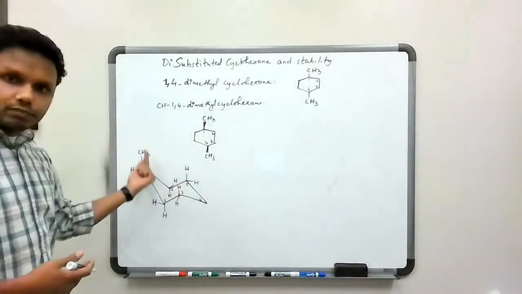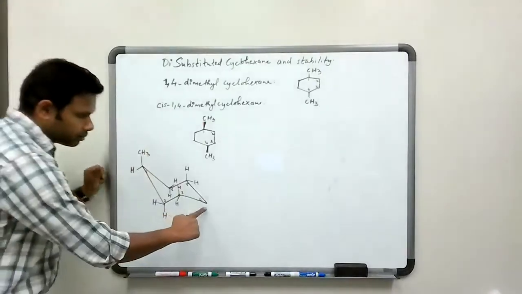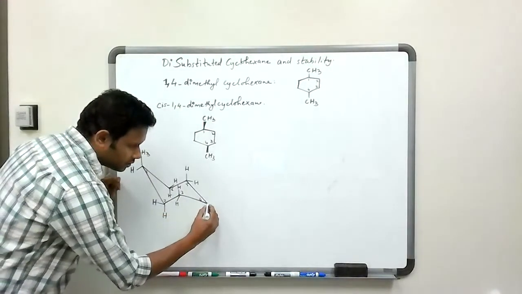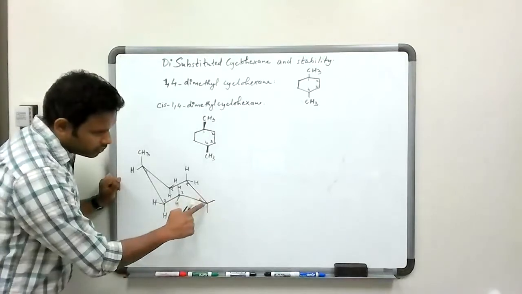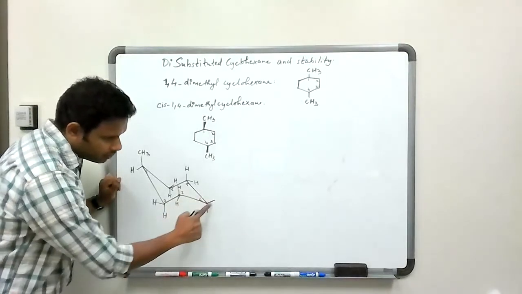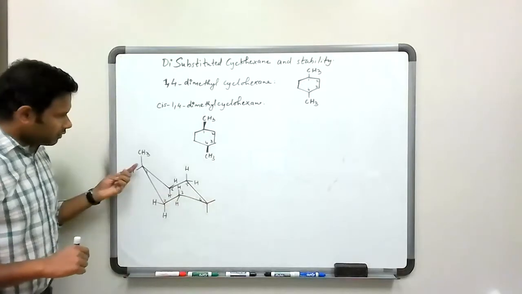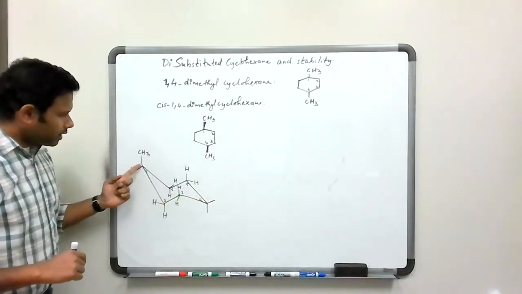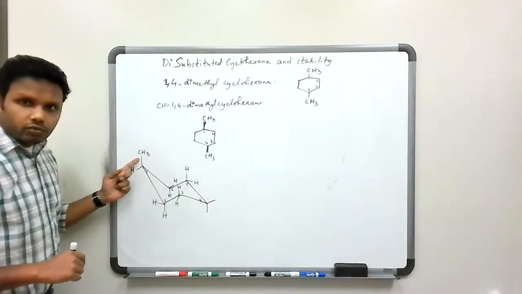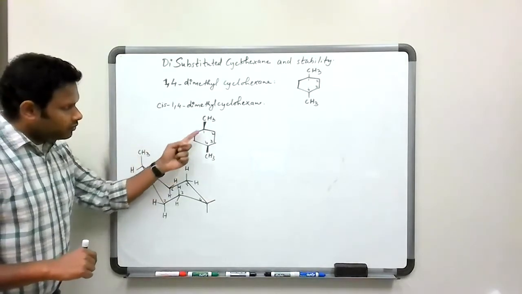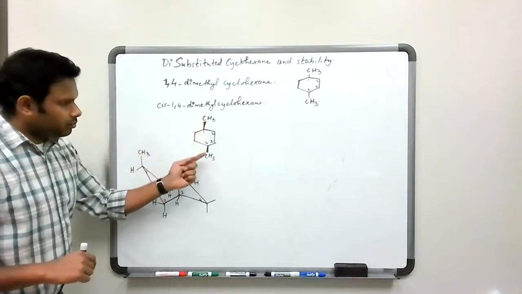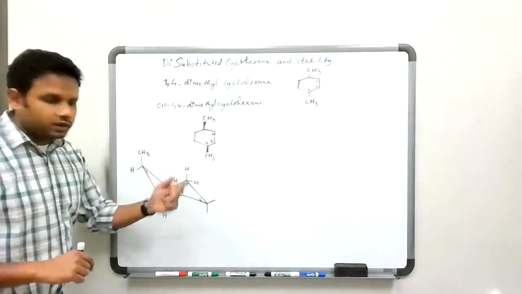So if one of them is pointing up, on carbon number 4, we have two positions. One is axial, one is equatorial. Because carbon number 4 is pointing down, the axial points down, equatorial points up. And I've arbitrarily put the methyl on carbon number 1 in an axial position pointing up. So if methyl is pointing up, then the other methyl is also pointing up.